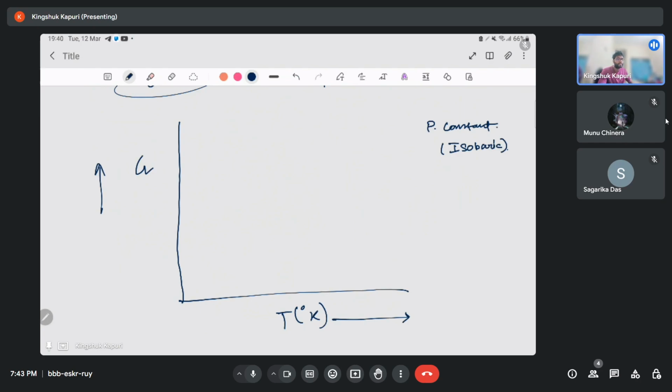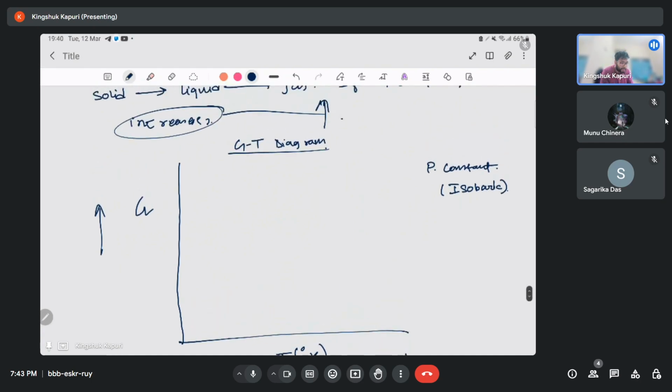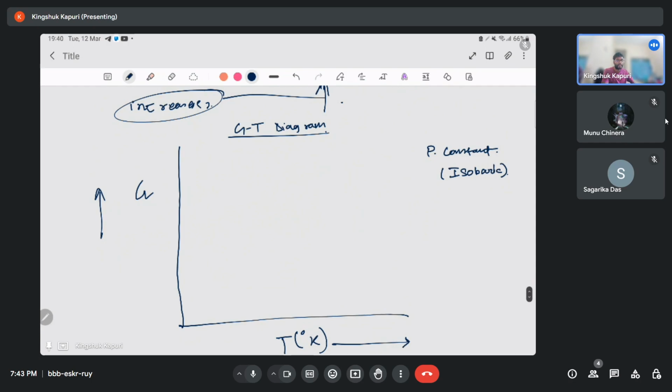So there are three substances. If there are three substances, and we are drawing a GT diagram, a Gibbs free energy temperature diagram, then the three substances must have three different slopes, right?